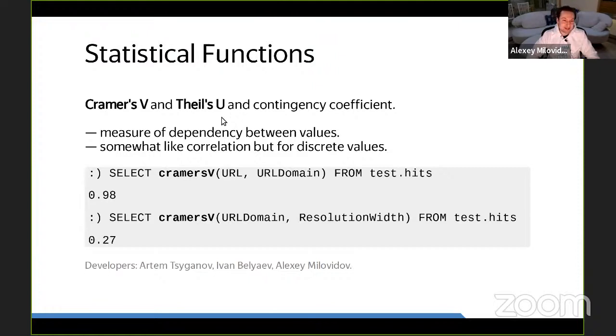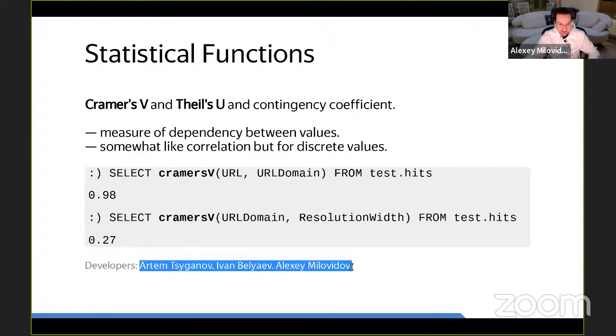The names are very, very clever, and probably Cramér and Theil are very clever people. And these people looks like contributed these functions to ClickHouse. No, actually, different people contributed, but these people invented.